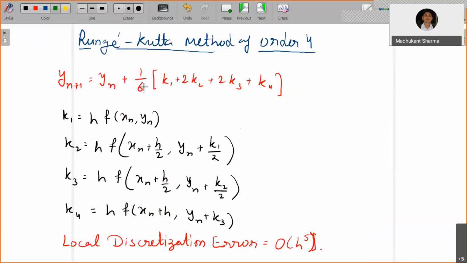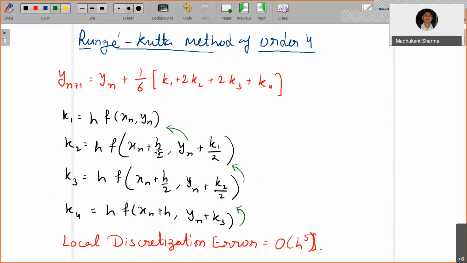Here K1, K2, K3 and K4 are explicitly given. K1 is h times f of xn comma yn. Then K2 is h times f of xn plus h by 2 comma yn plus K1 by 2. This is using the previous value, and you are stepping half a step ahead.